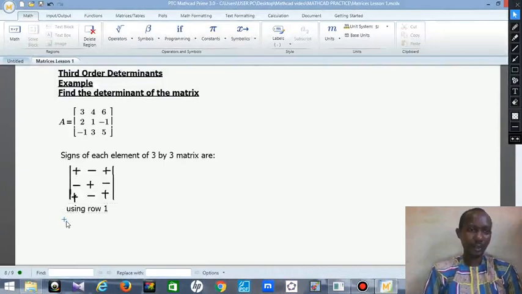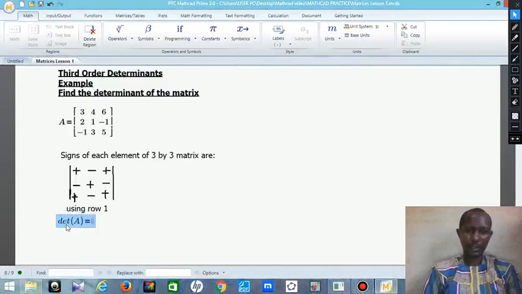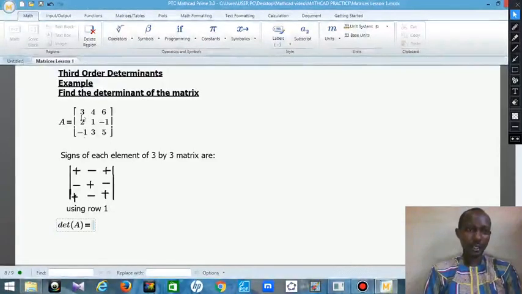So if I'm using row 1, remember the symbol for our determinant, which is DET of capital A, is equal to, okay, you start by bringing the first element out. The first element is 3, and this 3 has a positive sign, which is plus 3. I don't need to write plus there, that is 3.